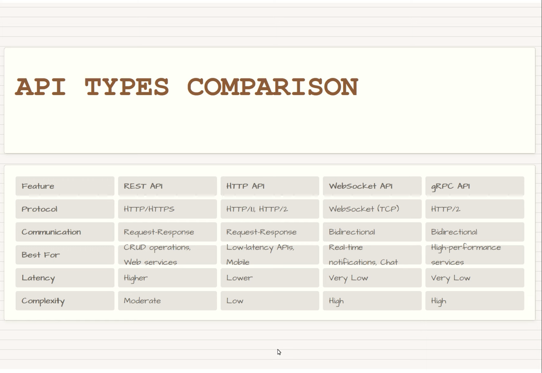Latency is higher for some and very low for these ones. Complexity is there as well. So this table compares all these features.